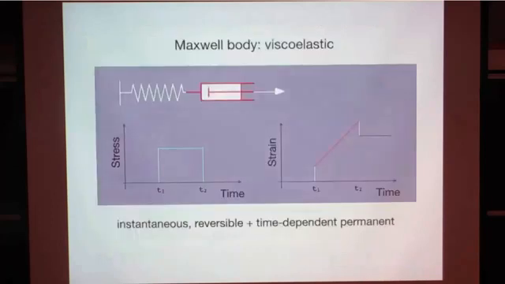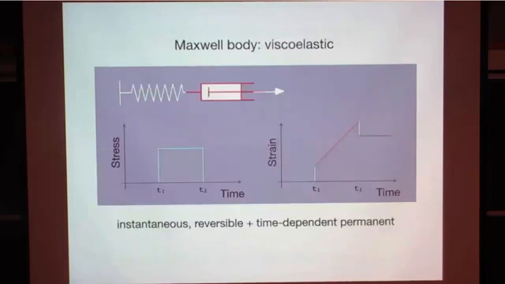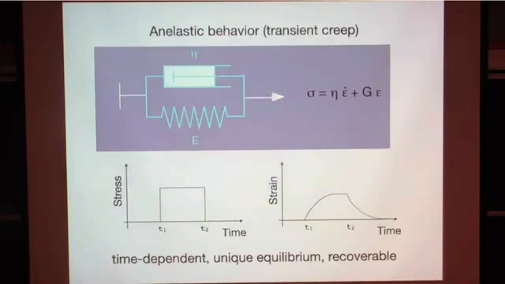We need something else, and that something else is what's called anelastic behavior or transient creep. If you look at the Maxwell body, you have a spring and a dashpot in series. Here you have a spring and a dashpot in parallel. What that means is that you can't compress the spring instantaneously, because the dashpot will slow it down.